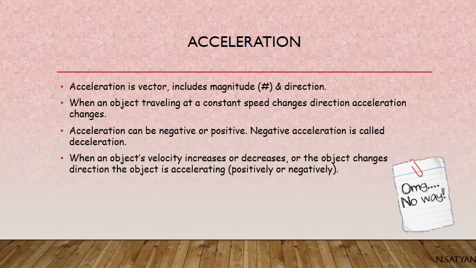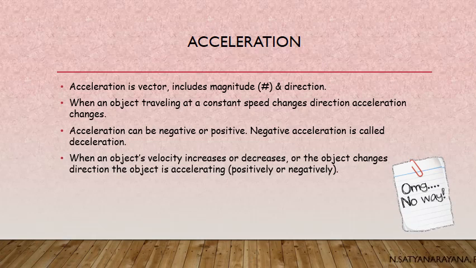That means velocity can be increased or velocity can be decreased. That means acceleration also changes its direction. The object may be going in the forward direction or backward direction.